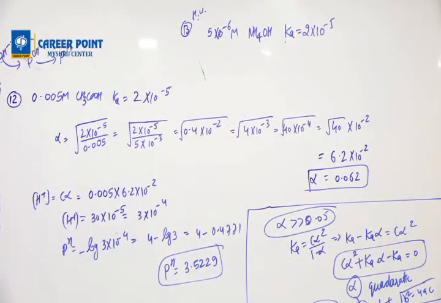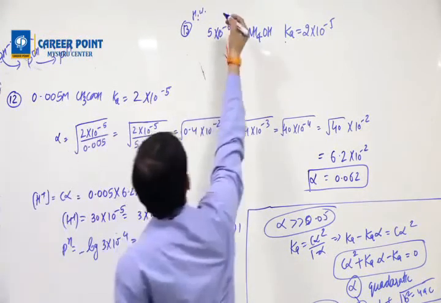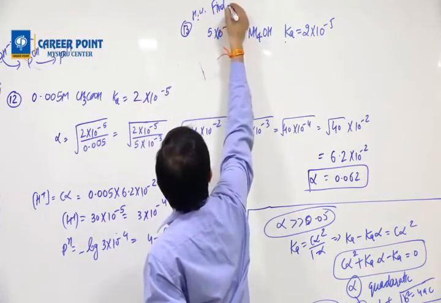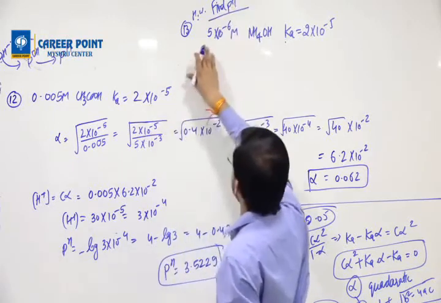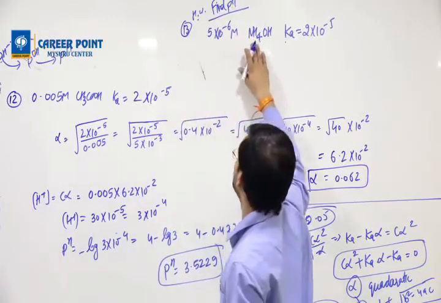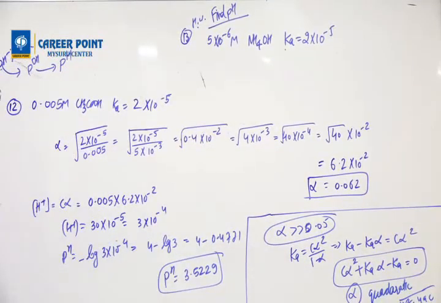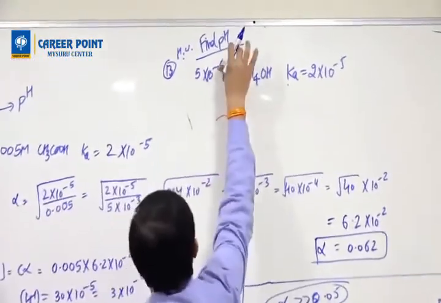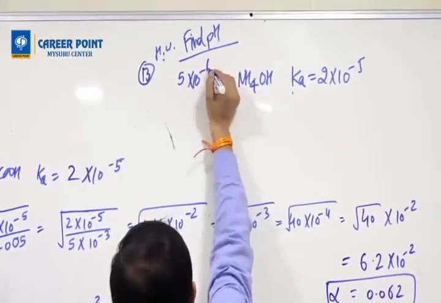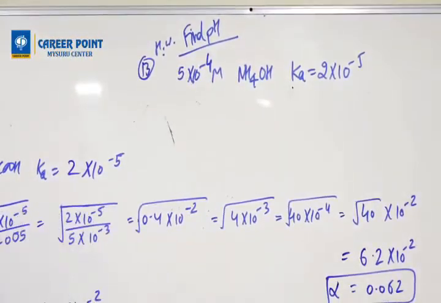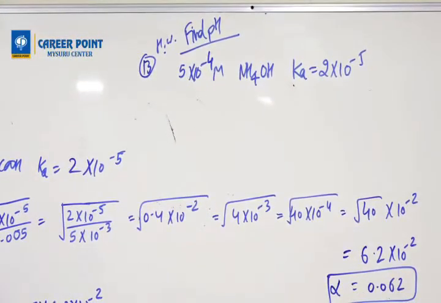Understood the homework also? What do you want to find? This question is also the same. Find pH for 5 into 10 power minus 6 molar NH4OH. Or you do one thing, take the power as 4.